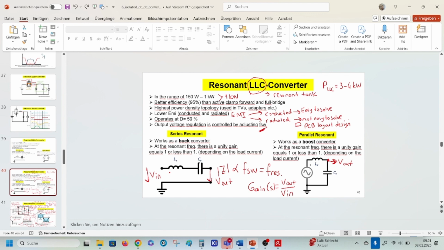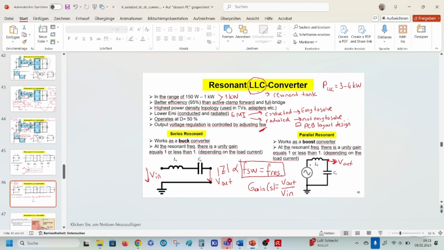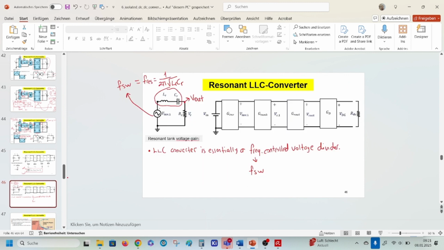Yeah, if this would be the case, then this circuit will look like this.